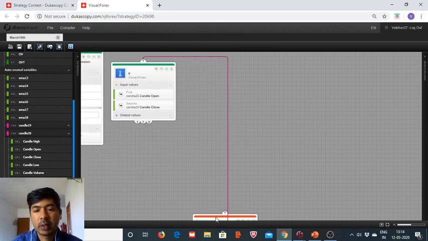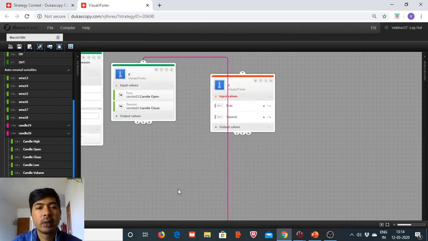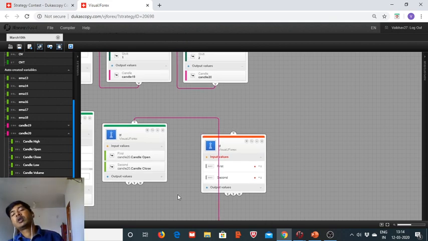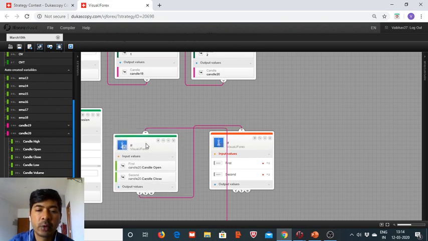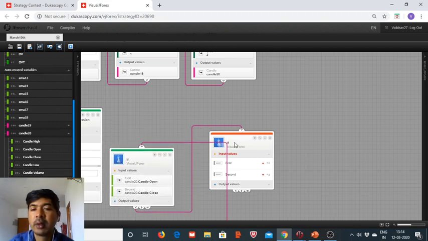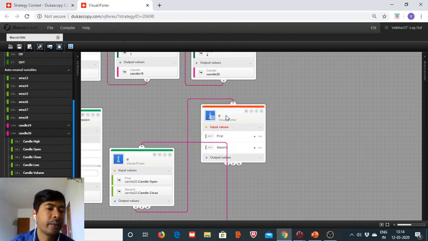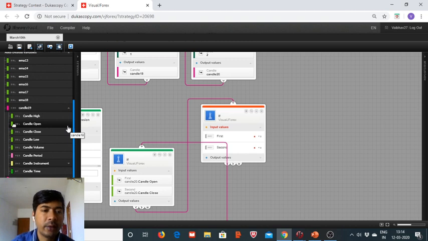Okay, and we had to make sure that 2 hours back the candle had closed in green. We want to make sure that candle open was less than the candle close, which means there was price gain. The candle close was higher, and then we check for last candle, and this candle should have closed in red.